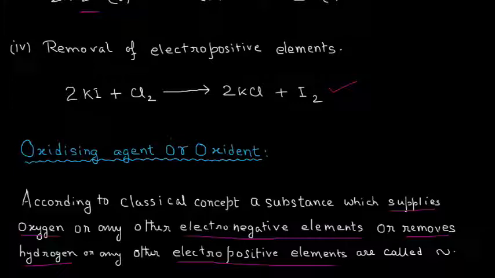So the definition is quite simple. Any substance which supplies oxygen or electronegative elements or removes hydrogen or other electropositive elements is called an oxidizing agent or oxidant.